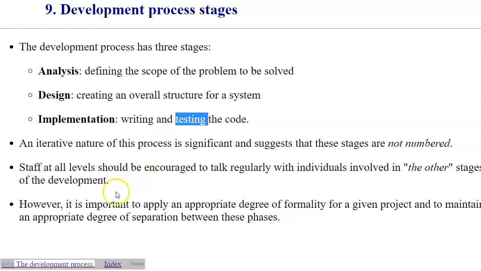So at all levels, whoever is involved in the process of developing the system should be interacting with each other and not be way too compartmentalized in their own departments. At the same time, it is very important to apply an appropriate degree of formality, and formality primarily refers to the level of documentation that you need to have to support your system, to be able to advance it adequately.